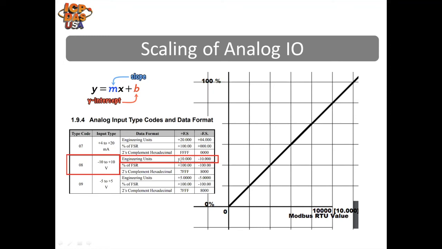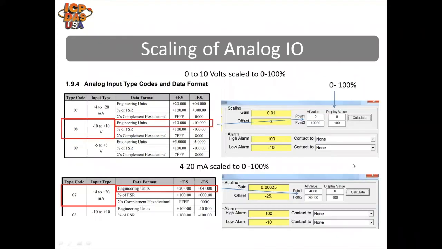And we're just going to scale between 0 to 10 volts in this example, but we can certainly do other values. Here's a few examples of what I was talking about. In this case, we're going from 0 to 10 volts, and we just want to do between 0 to 100%. So when 10 volts is applied to the input, you will see 100%.